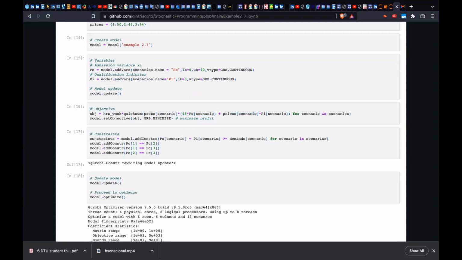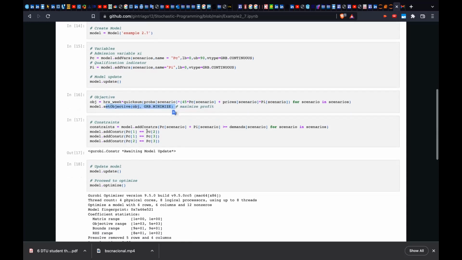If you go back to the example, for the first scenario this would be 168 times 0.2, times 45 of PC1 plus 50 of P1. I'm doing a quick sum, and this will add up for the other two scenarios as similar terms. So we are minimizing this objective function.